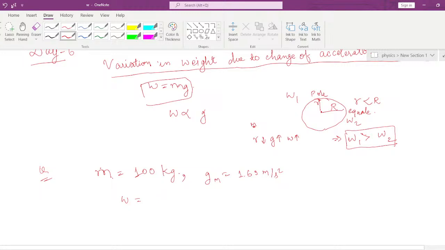So according to the information given, we have weight as 100 into 1.63, that is 163.